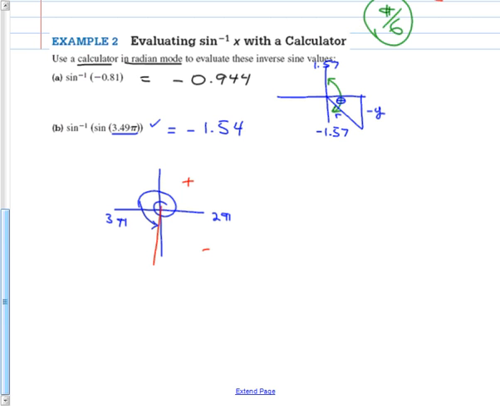So back over here, is sine positive or negative in that quadrant? Negative. It is negative in this quadrant. So that means I really need to draw the related angle over here in this quadrant. So this is my related angle right there. So I need to draw it in this quadrant. Right there, the related angle.